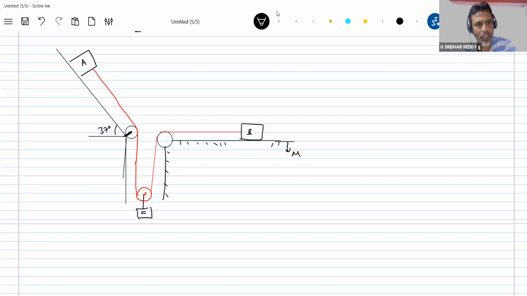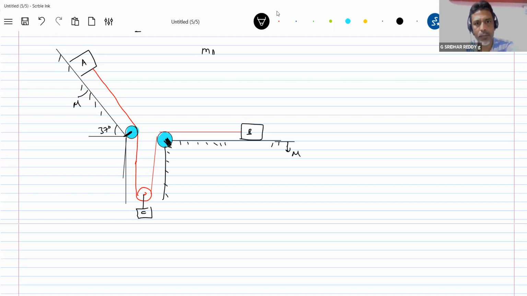Laws of motion, I guess. Let me bring it. So there's a system with 2 fixed pulleys. I'll give the mass of the blocks here.